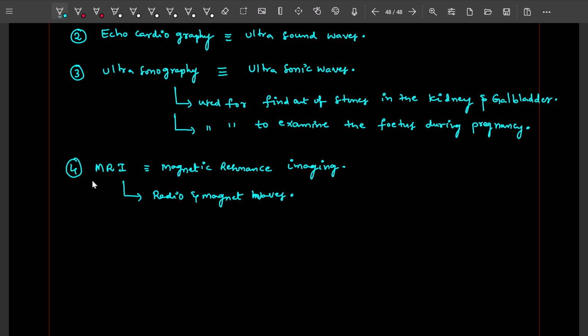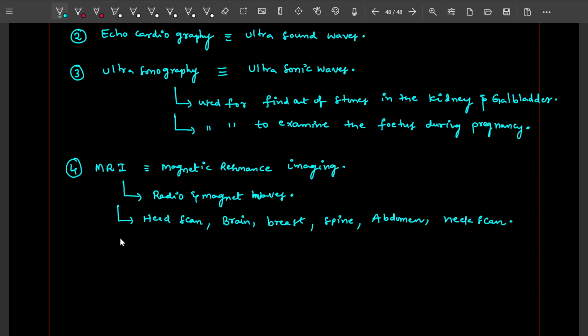What is it used for? It is used for scanning the head, the brain, the breast, the spine or spinal cord, the abdomen, which means the stomach, and also the neck.